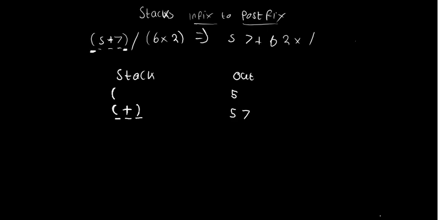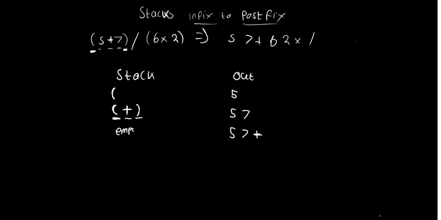So that's what happens when you do the conversion, right? When you push a close bracket onto the stack, you pop everything up to the very last open bracket there. So our stack will remain empty, and the only thing we're popping right now is the addition there. You can forget about indicating the open brackets and close brackets.